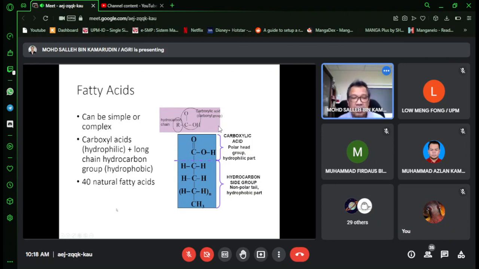There are 40 natural fatty acids, and some have very short chains and some have very long chains.